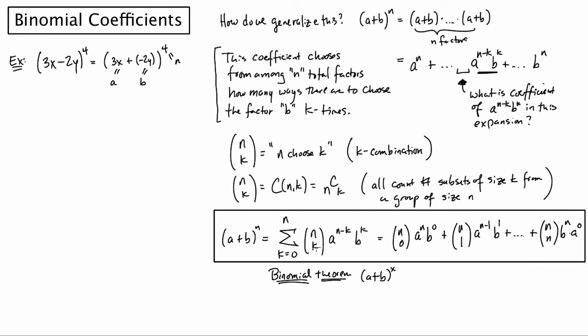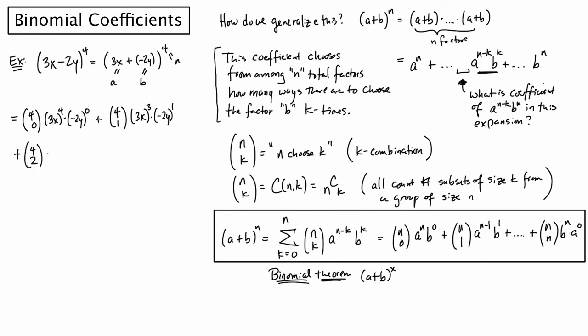Now, rather than use the summation notation, I'm just going to write out the individual terms. Starting with 4 choose 0, I'm going to have 3x appear 4 times, and I'm going to choose the negative 2y to appear 0 times. Plus 4 choose 1. We're going to split it up where I choose the 3x 3 times, and I choose the negative 2y 1 time.